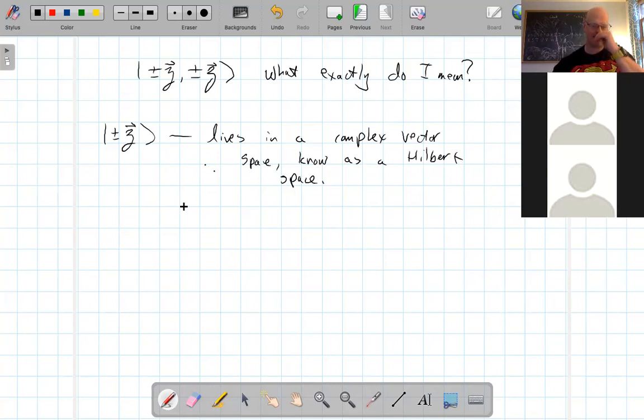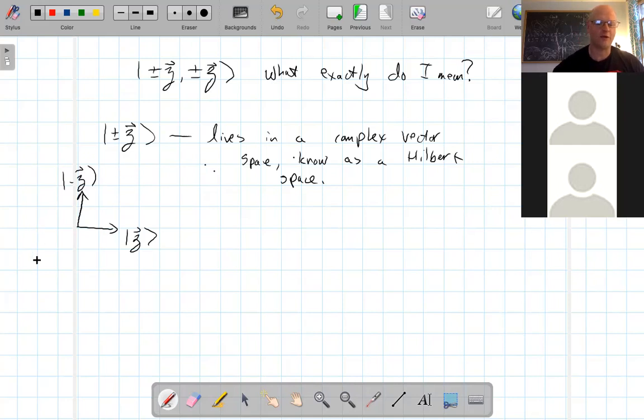So if I'm looking at this, this particle here lives in a complex vector space, i.e. a Hilbert space of its own. And this particle here lives in its own complex vector space, again a Hilbert space. If I think about drawing this out, I have these basis functions. Let's say this is the positive z direction, this is the negative z direction.